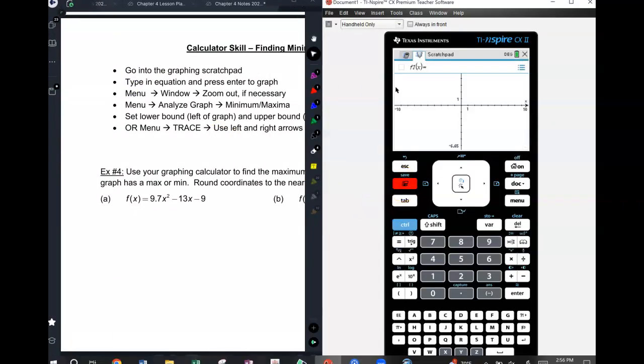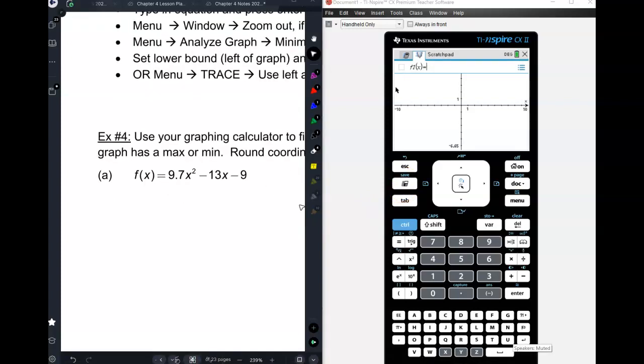Click on the graph. We're going to type in this function here, 9.7x squared minus 13x minus 9.